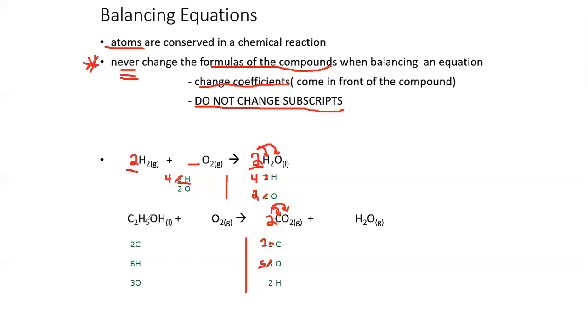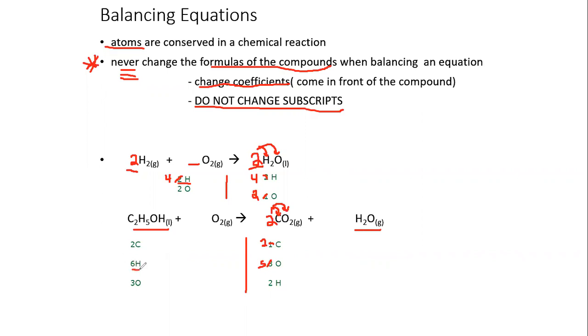So for example here, hydrogen is only in one reactant and one product, but you see oxygen is in every reactant and product. So using that tip, we're going to balance hydrogen next.